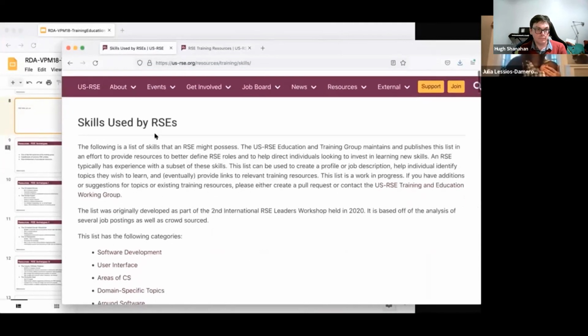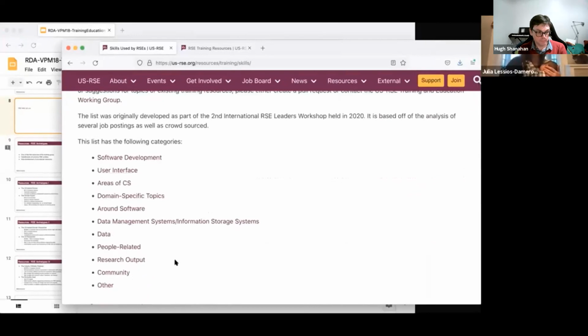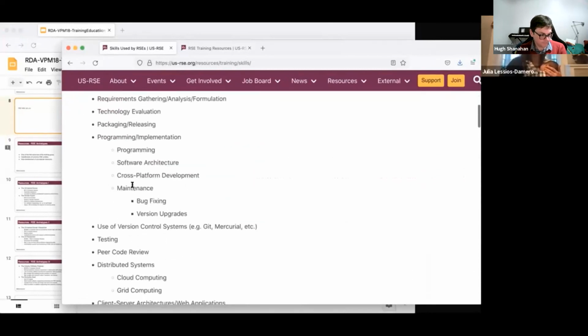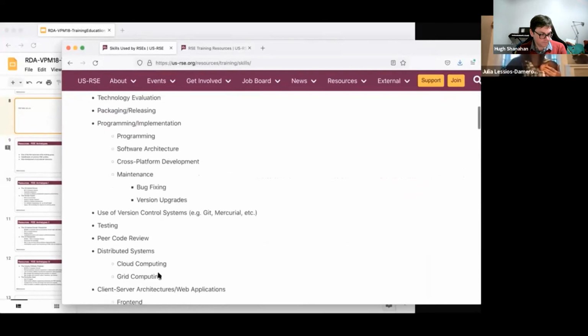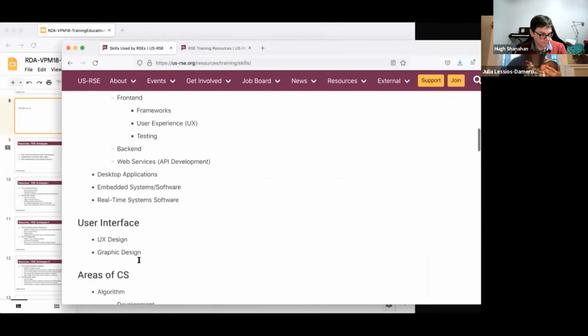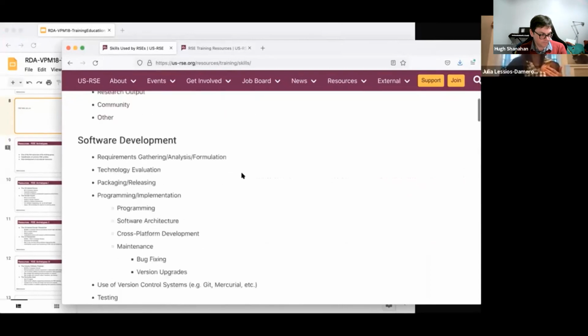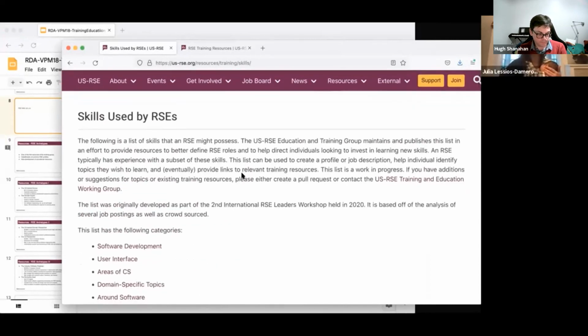This is it. We categorized the skills we found into different categories. There are things like obviously implementation, but also testing, code reviews, UX design, things that many RSEs do for their job. It is not meant to say that these are all the skills that an RSE has to have, but a list of skills, and RSEs typically have a subset of these.